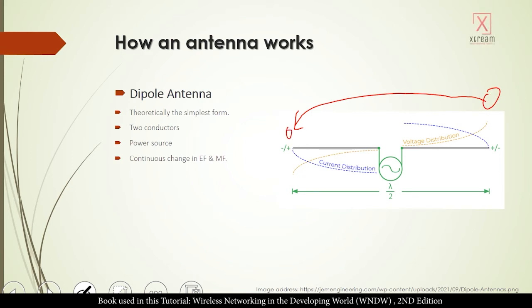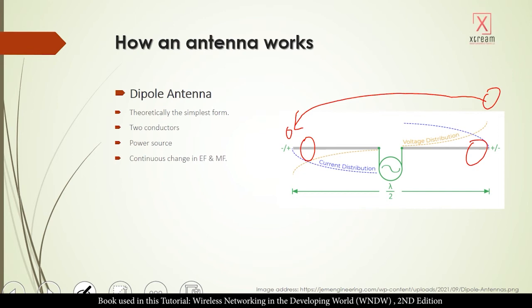So what happens when all the charges come up to this conductor, it will get positively charged and the other conductor will get negatively charged. As we know, when electrical charges move from one place to another, they already have the electric field.